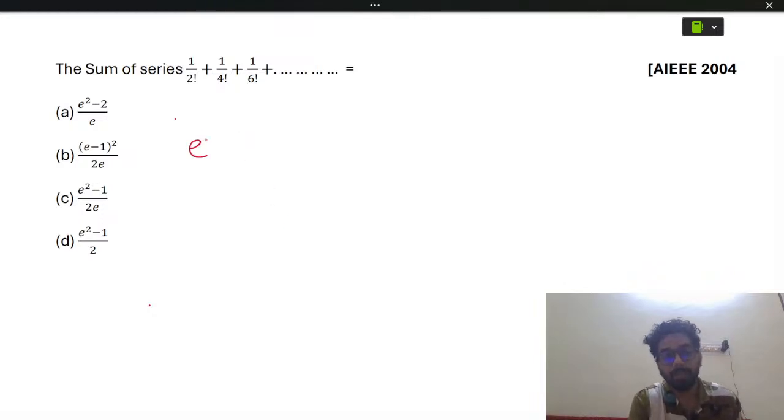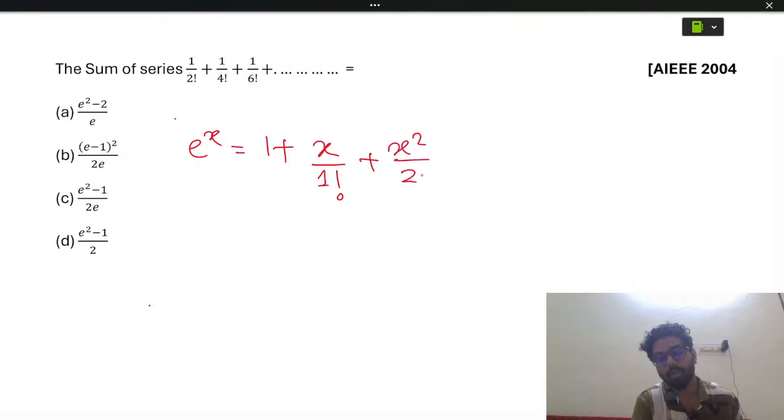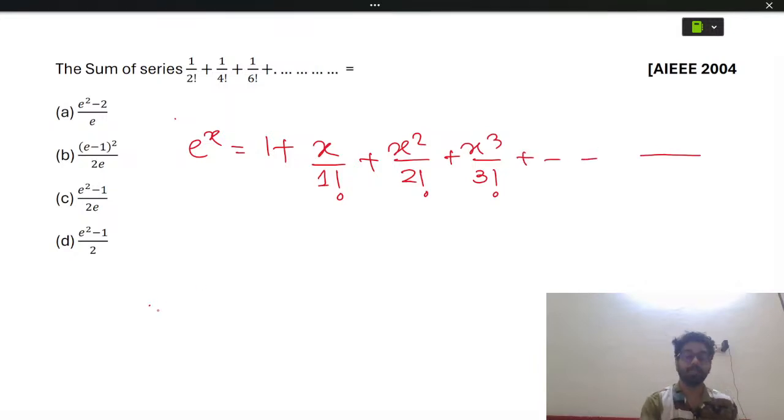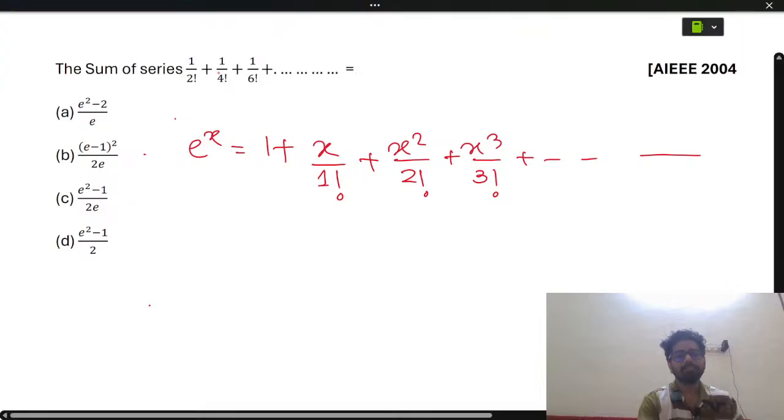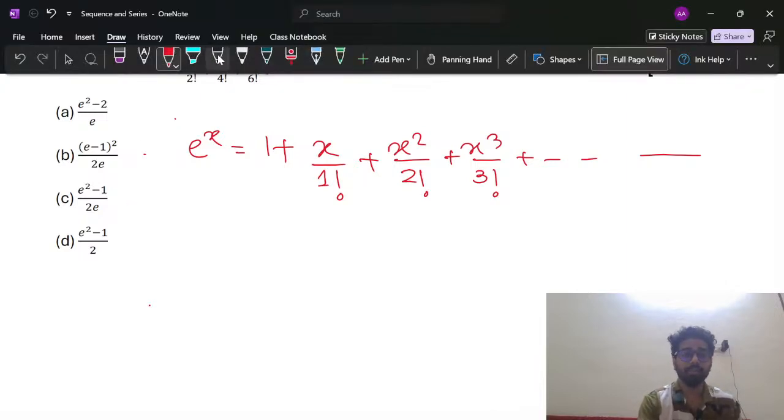What is it? e power x is equal to 1 plus x by 1 factorial plus x square by 2 factorial plus x cube by 3 factorial and so on till infinity. That's the exponential series. Now from the question options, I can see over here they have e square by e, meaning they are asking us to substitute x equals 1.